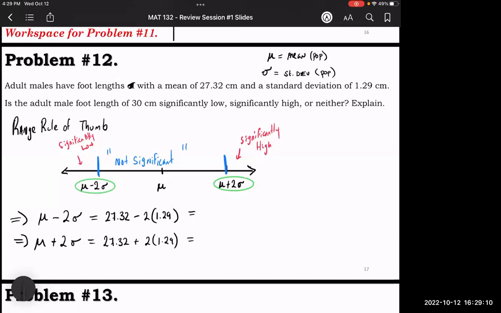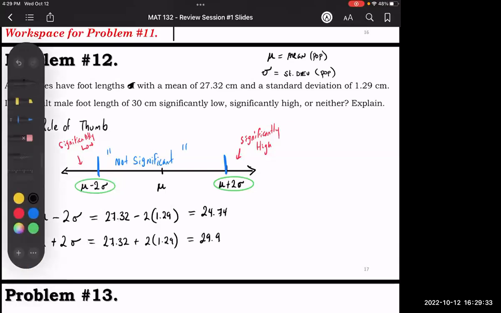So what are these values that you're going to get? 24.74. And the other one? 29.9.